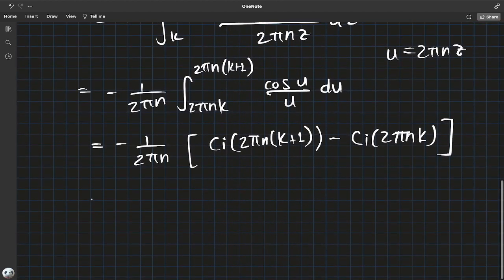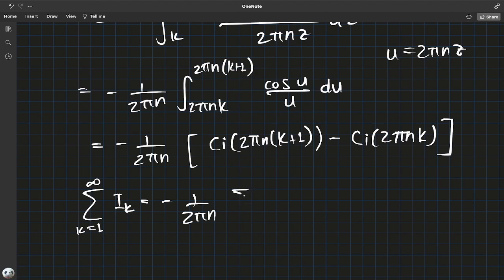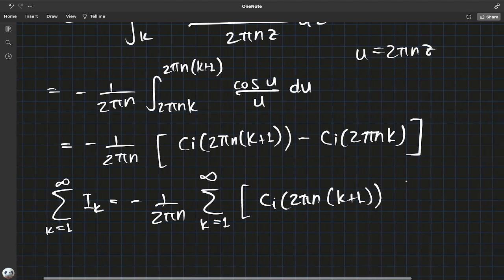And now it's time to sum. So when you do this sum from k equals 1 to infinity, you notice that the inside part is going to telescope. So let me just write that. I talk faster than I write clearly.